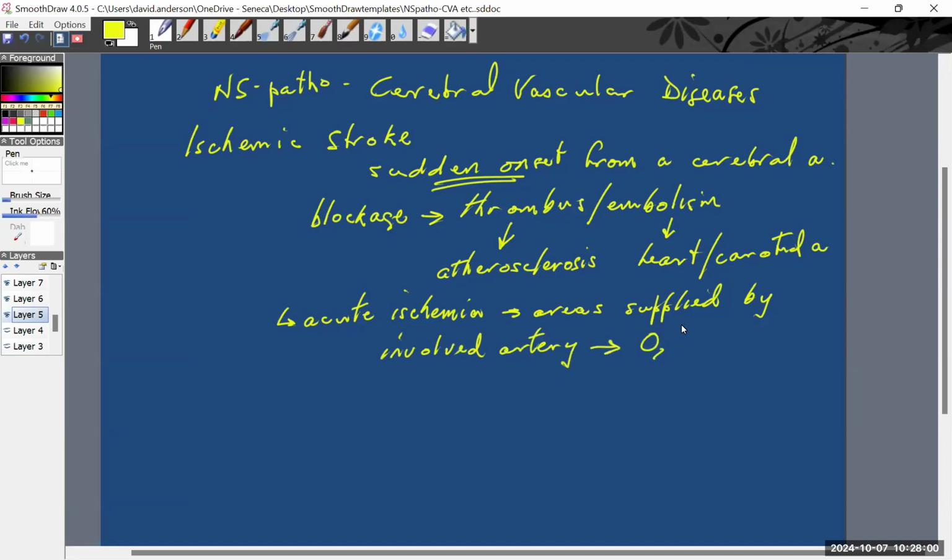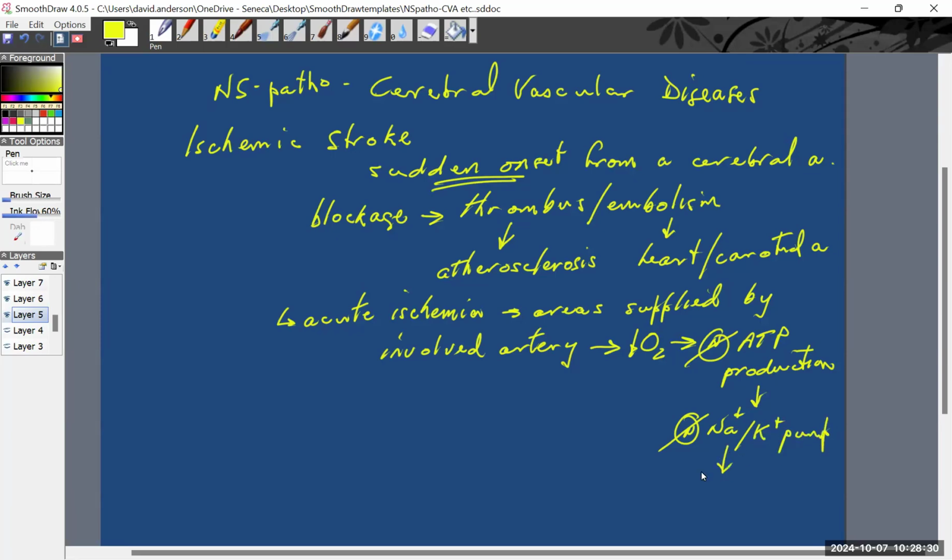It's a progression. Decreased oxygen delivery to a cell is going to result in abnormal ATP production, certainly reduced ATP production. That's going to lead us to abnormal sodium-potassium pump function.